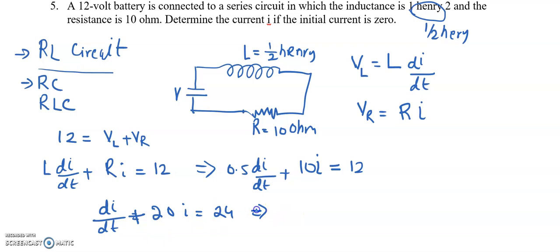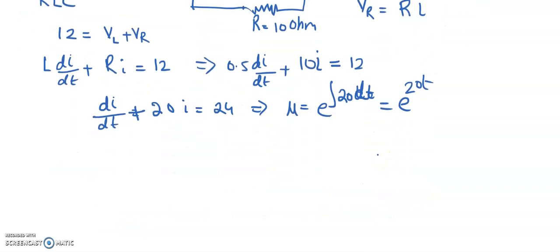If we solve this differential equation by the integrating factor, the integrating factor will be e to the integral of 20 dt, so it will be e power 20t.